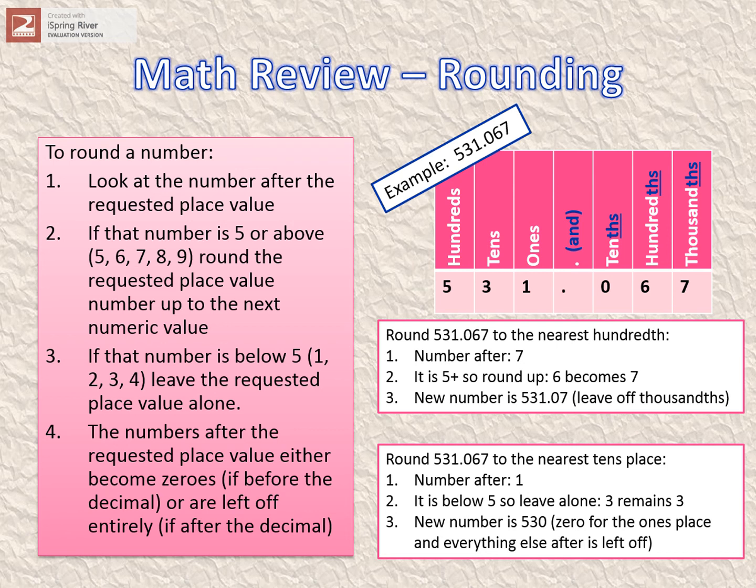It is below 5, so we leave the requested place value, that 3 in the tens place, alone. The new number is 530. The ones place becomes a 0 because it's before the decimal, and everything else is left off entirely because it's after the decimal. Okay?